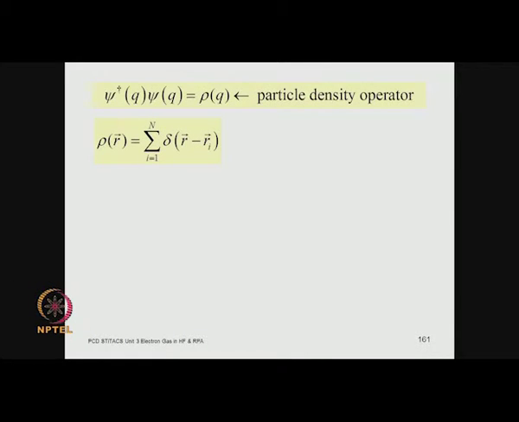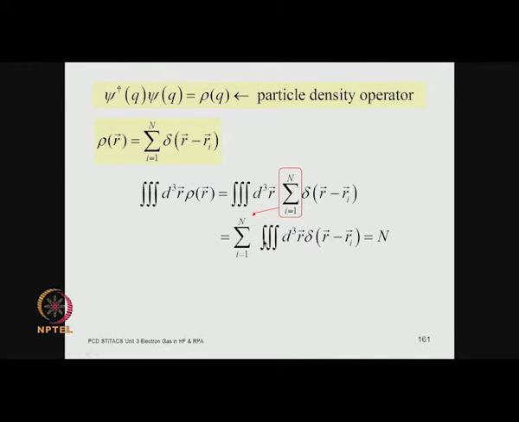So you can see that this particle density operator is essentially a sum of the Dirac deltas, because if you integrate this, then on the right hand side you will get essentially the total number of particles. So the particle density operator is essentially a summation of the Dirac delta.